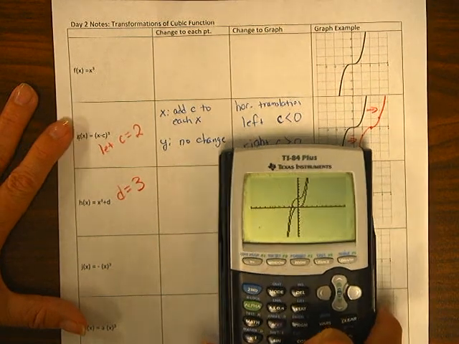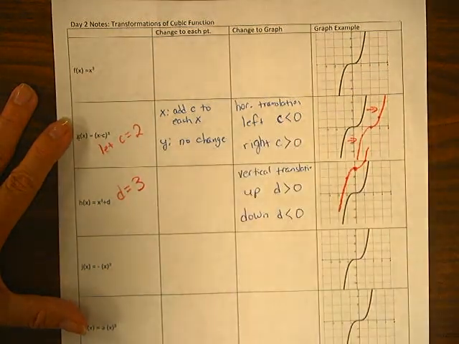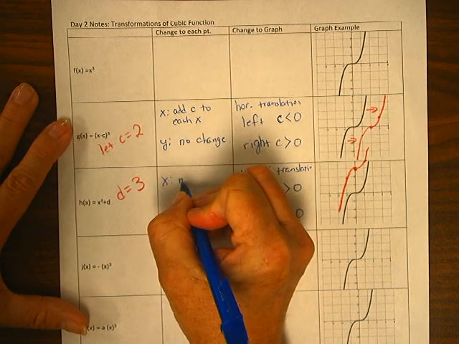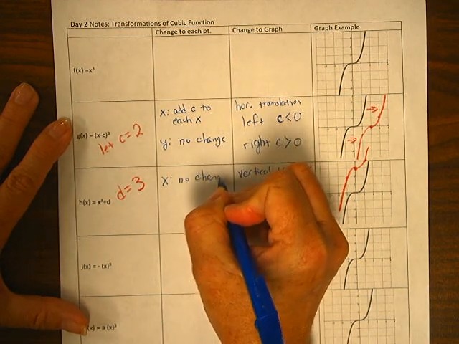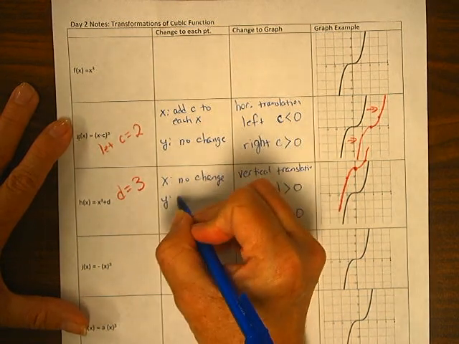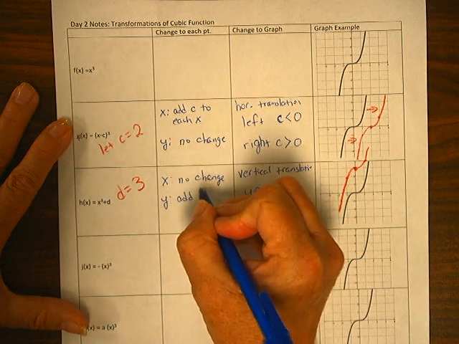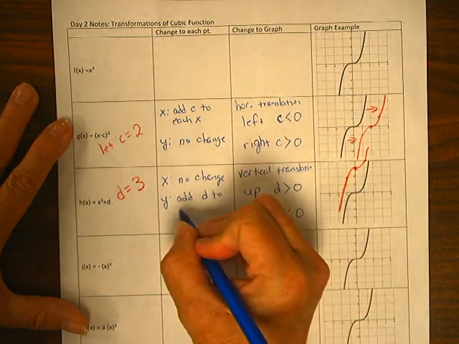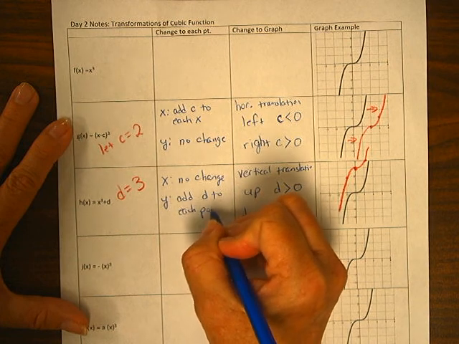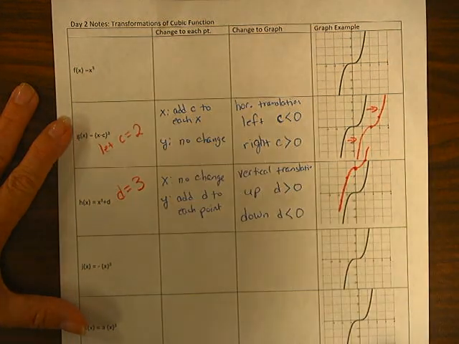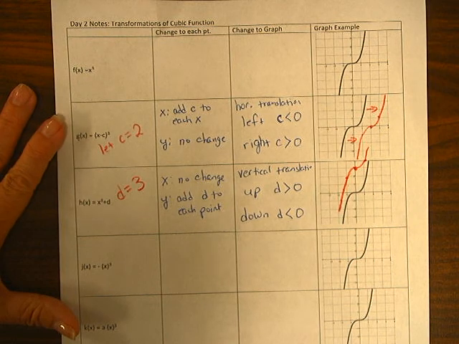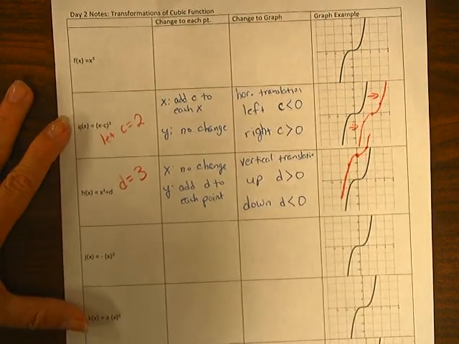So it moved it up 3. And the way it did this is that our x values had no change, but our y values we had to add d to each point. Okay, so we're adding d to each point.